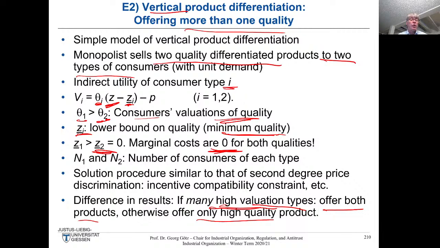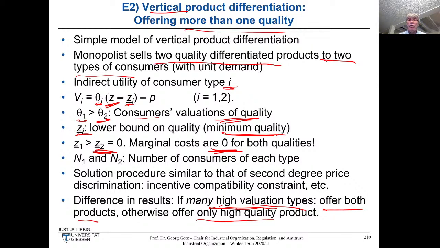And therefore, if we want to sell to the low type as well, to the guy with a low valuation, we cannot increase the price as much. So we can use the introduction of the second, lower quality as a price discrimination device here. That's pretty much what it is.